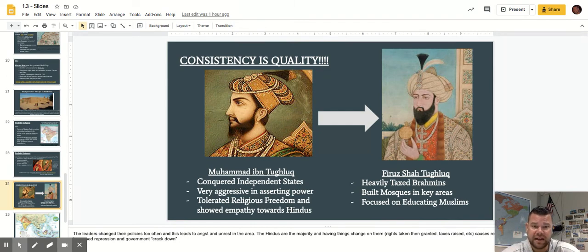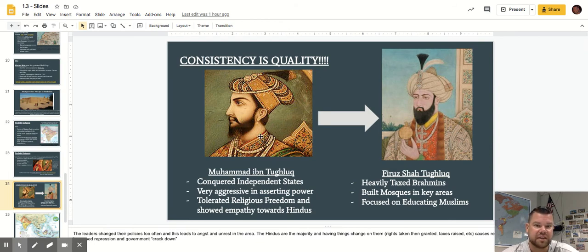We see that, again, there isn't a lot of consistency with the Delhi Sultanate. You can look again at just the skin tone here. I wouldn't say stereotypical, but if you're going to generalize and say, what does your average Indian person look like, you'd probably think a little darker skin tone.